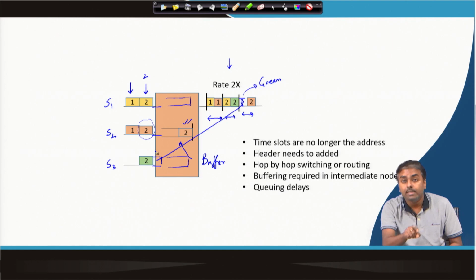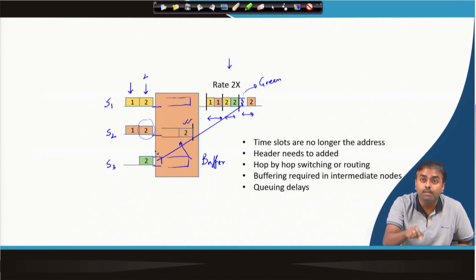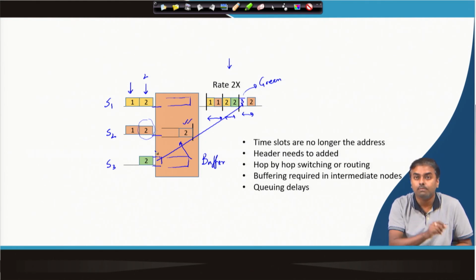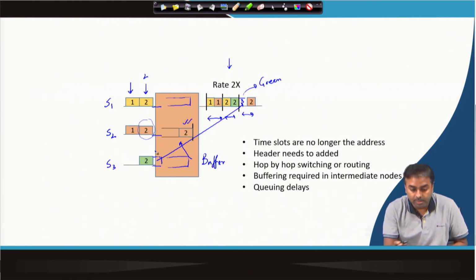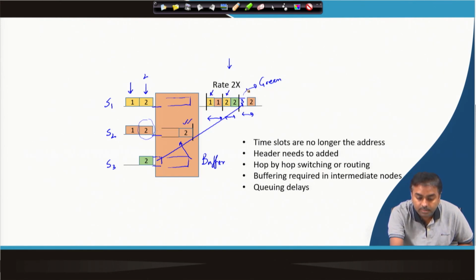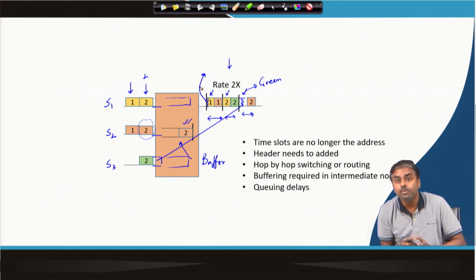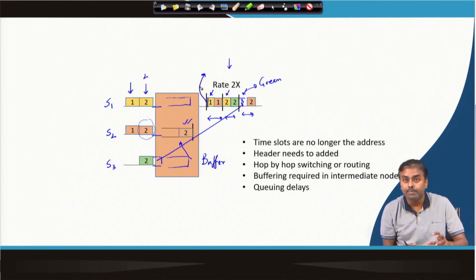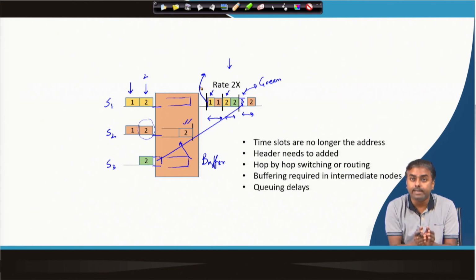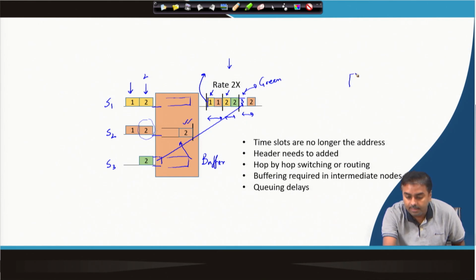Not only that, because the location-related information of which stream the data is coming from, that means the address, is lost, you now have to additionally put an address into whatever data you are transferring. Because now I cannot say this is always from stream 1, while transferring the data I have to also include which stream it is coming from, otherwise at the output I will not be able to identify them. So basically every data chunk that you transfer needs to have a header along with it.